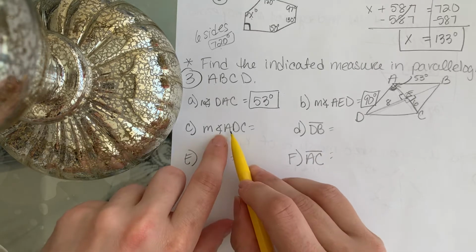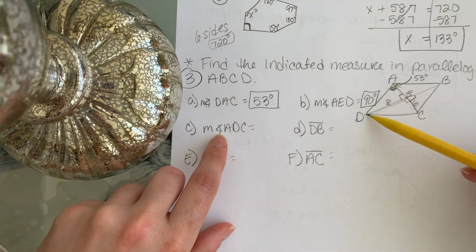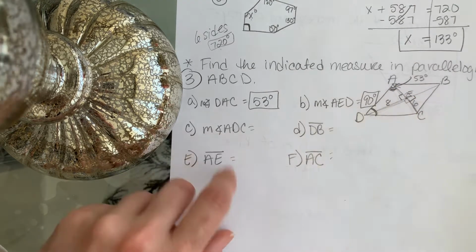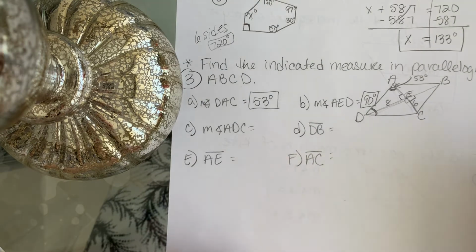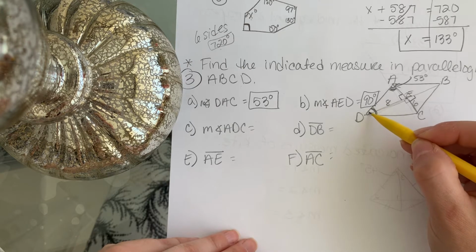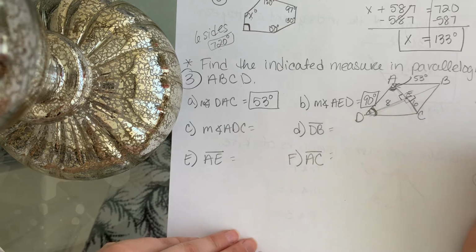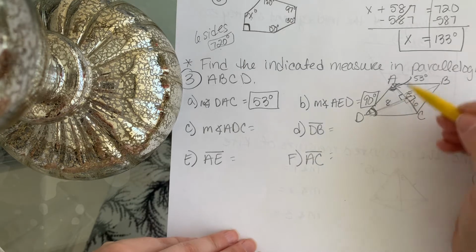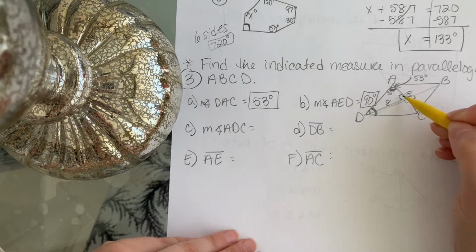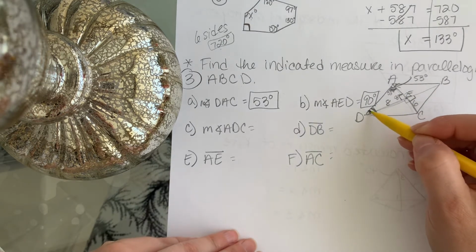But now let's look at ADC. That's this entire angle right here. A to D to C. Okay? We need to figure out how much that whole piece is. But maybe we should first find out how much the smaller piece is right here. Okay? So if we know that this angle is 53 degrees and this angle is 90 degrees, how much can we figure out what this is?